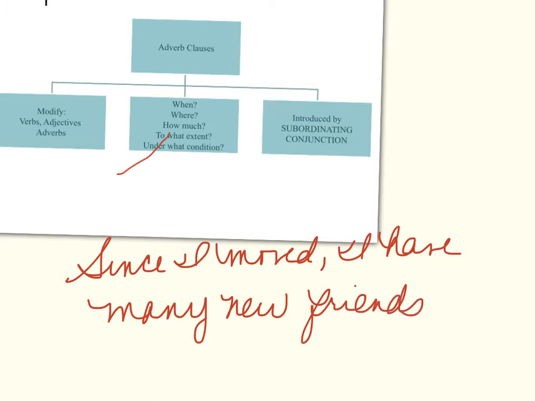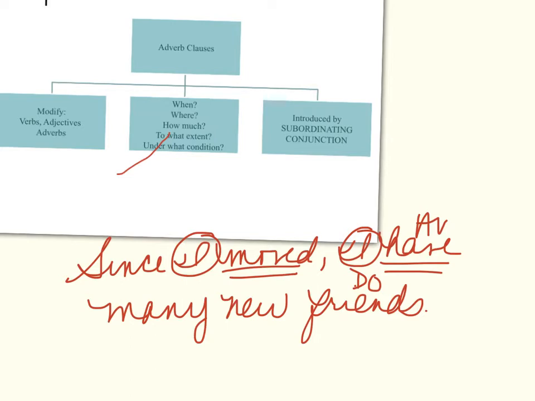As always, let's start with the verbs. Have is a verb, moved is a verb. The subject of moved is I. The subject of have is I. Have is an action verb. Have what? New friends, there's my direct object. I have new friends. That's a sentence or independent clause.